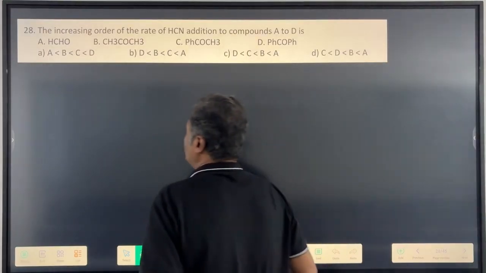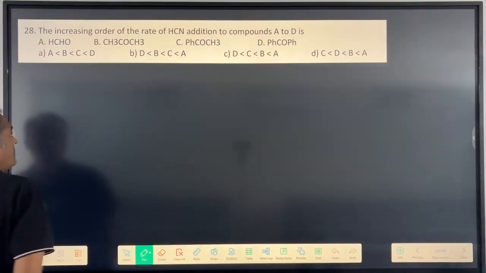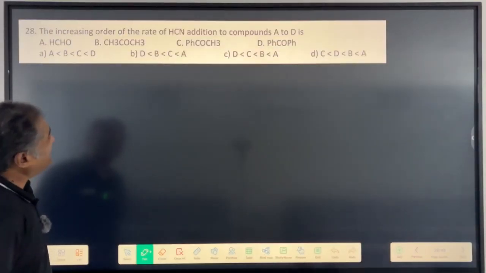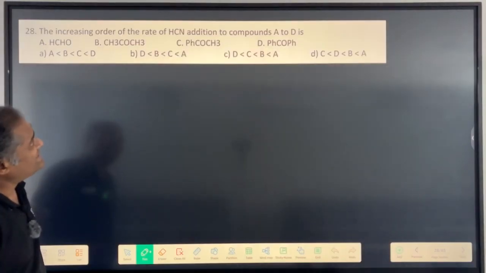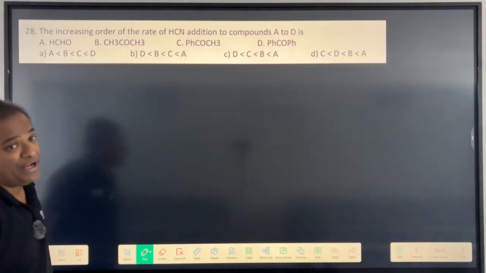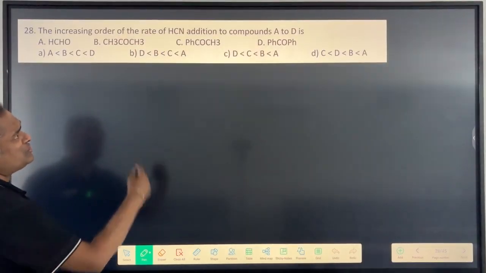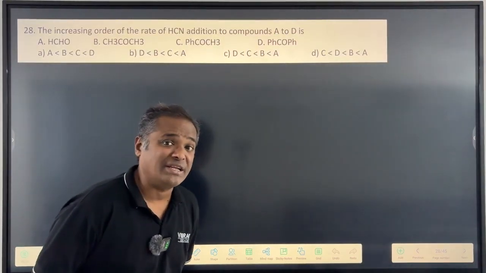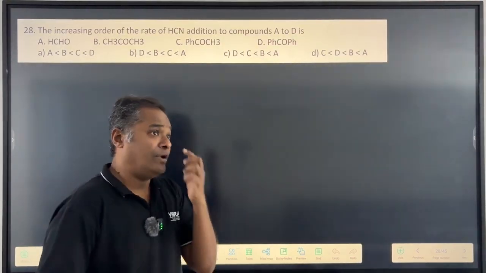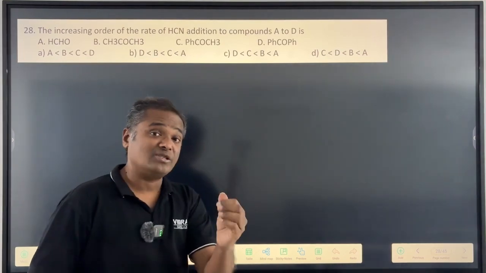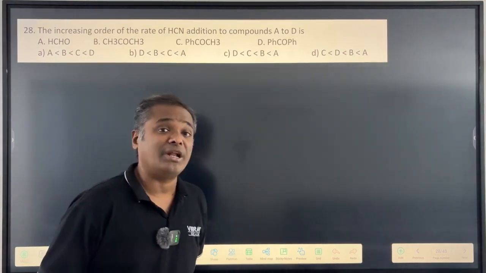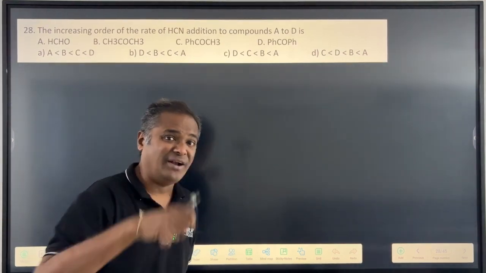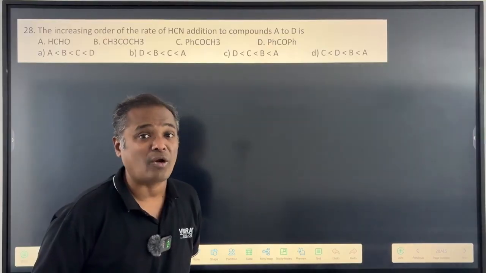Let's take the next question, child, what we have. Now, increasing order of rate of HCN addition to compounds A to D. Basically, this is based on the reactivity of aldehydes and ketones. Aldehyde is more reactive than ketone because of two factors. One is steric hindrance and second is electronic effect.